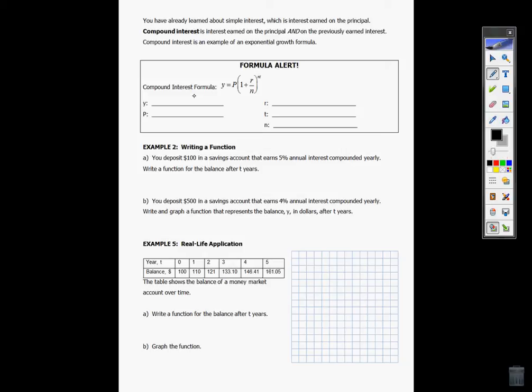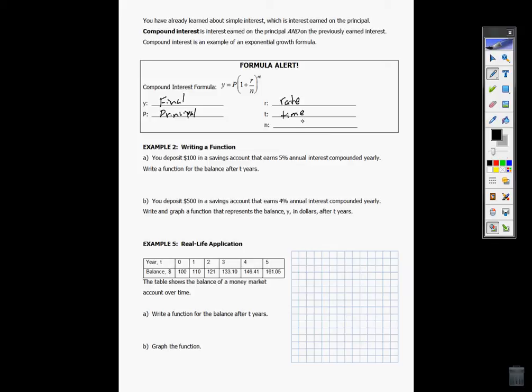Y, again, is going to be the number that we get out, that final amount. In this case, P is one of those ones that's going to be easy to remember because P represents principal amount. And that's another way of saying initial. R, again, is going to represent the rate. T is going to, again, represent time.